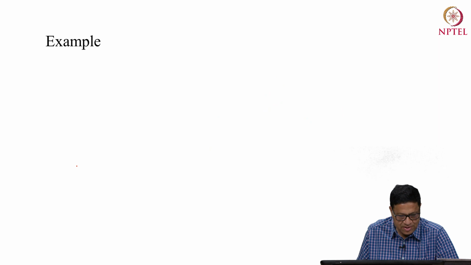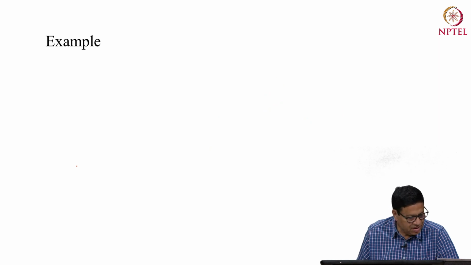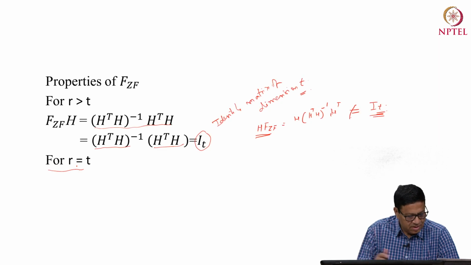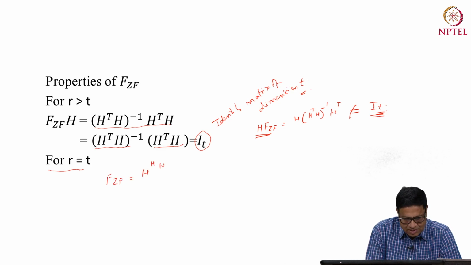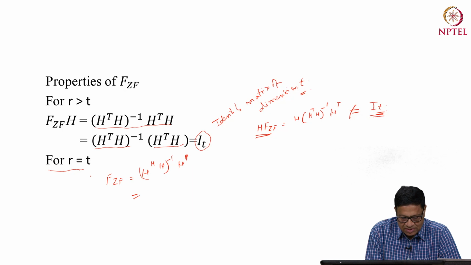So let's take a special case for R equal to T, when it is a square matrix. For R equal to T, F_ZF will be (H^H H)^-1 H^H. Because R is equal to T, the inverse of the matrix exists.